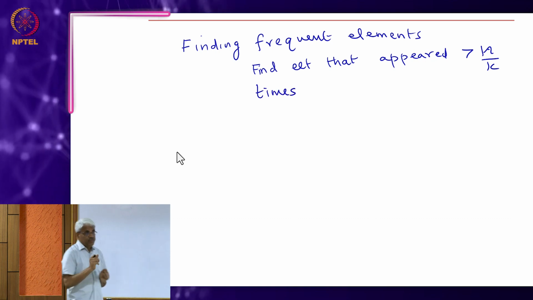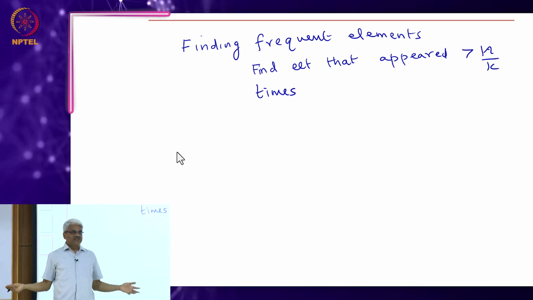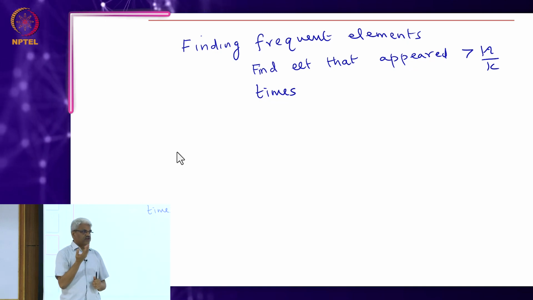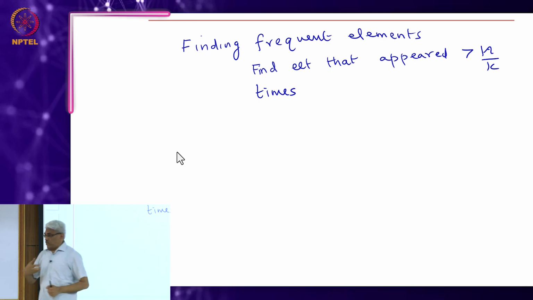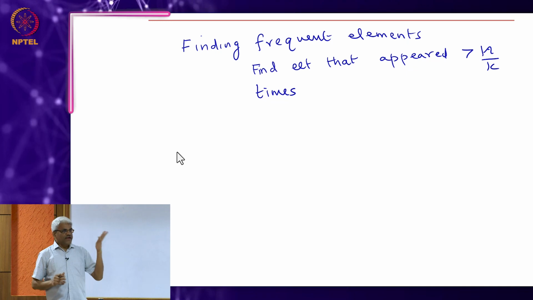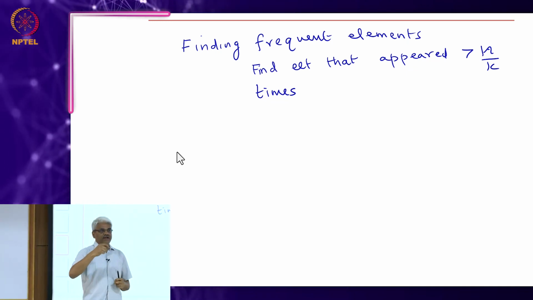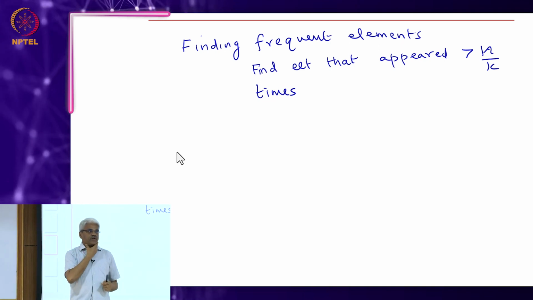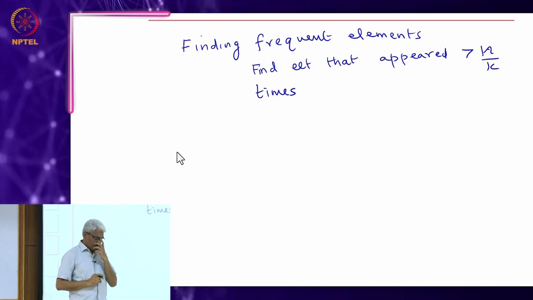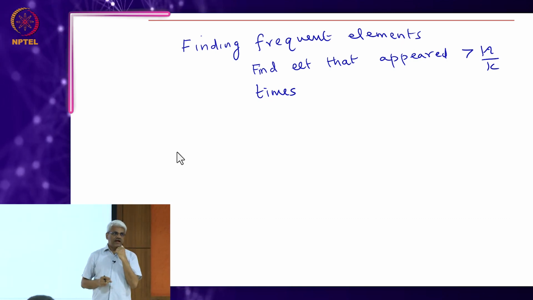Okay, these are actually important applications, like majority you can imagine, right? Voting system, there is a sequence of votes and I want to find who is the majority winner and things like that. So similarly here, in this large stream of elements, given some k, let's say k is 10, I want to know which are the elements that have appeared more than n by 10 times. Okay. For some k, more than n by k times.